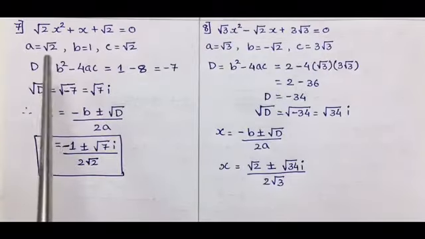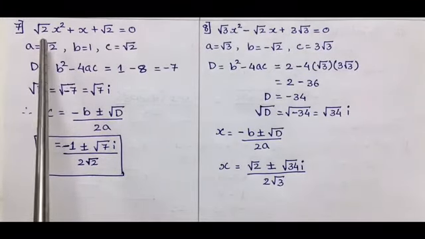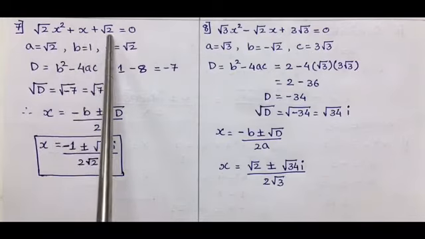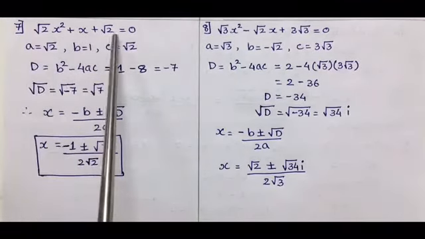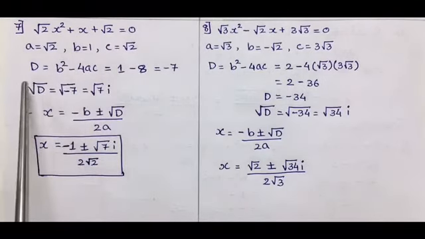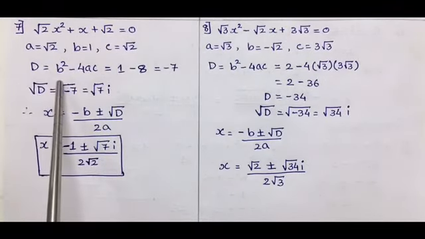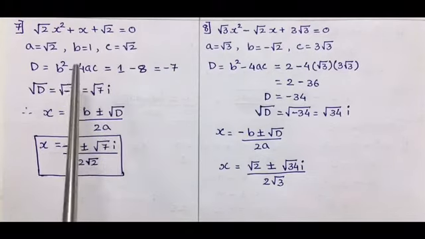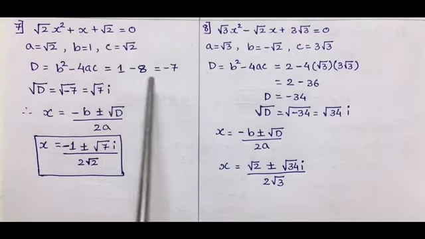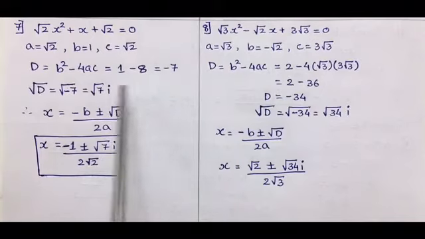Question number 7. The quadratic equation is root 2x square plus x plus root 2 equal to 0. Taking up the coefficients of a, b, c, we get d equal to b square minus 4ac formula, and substituting the value of a, b, c, the answer is minus 7.